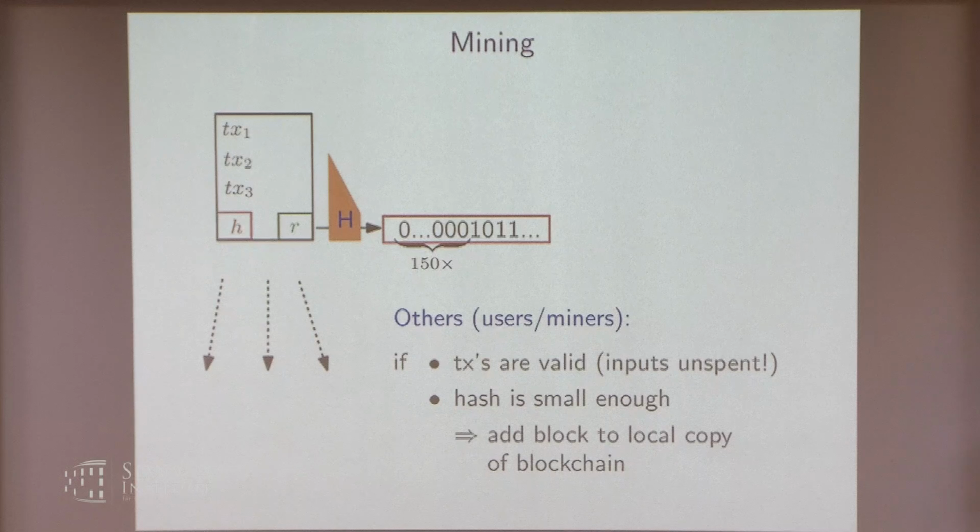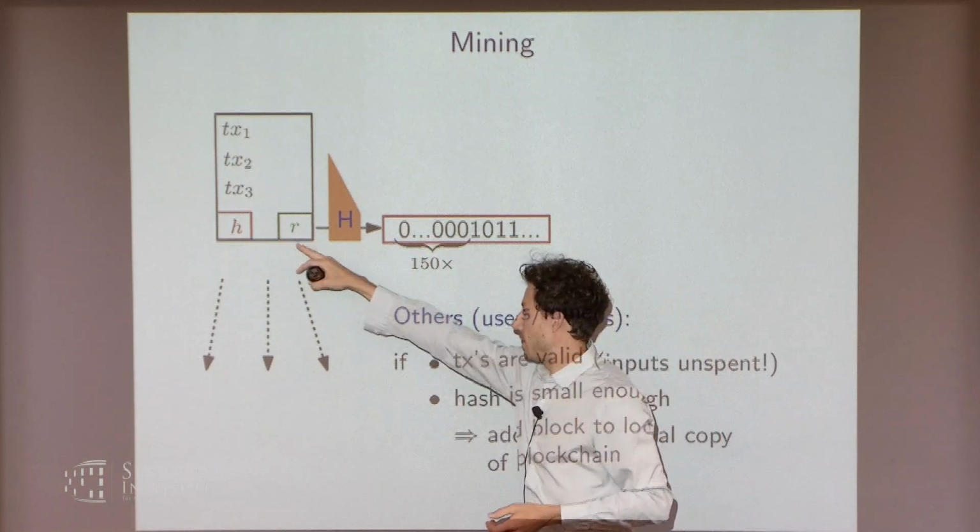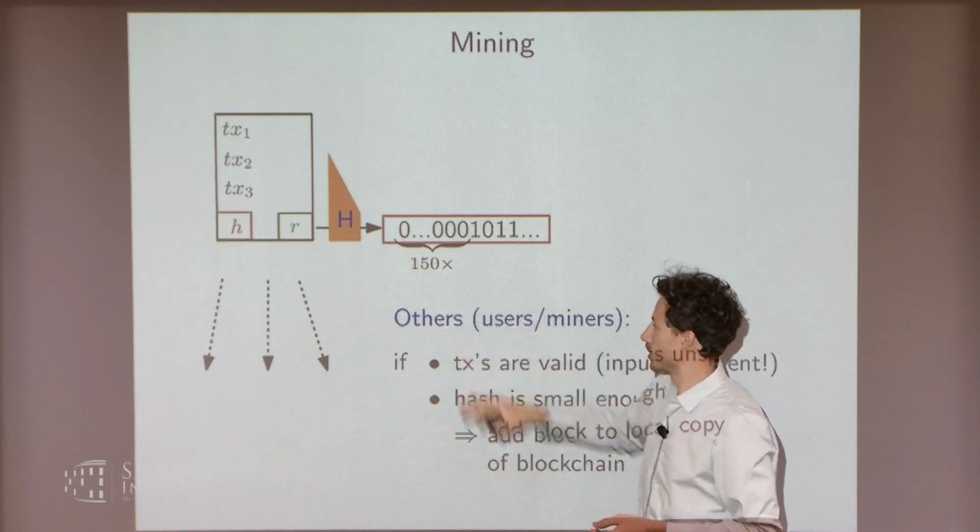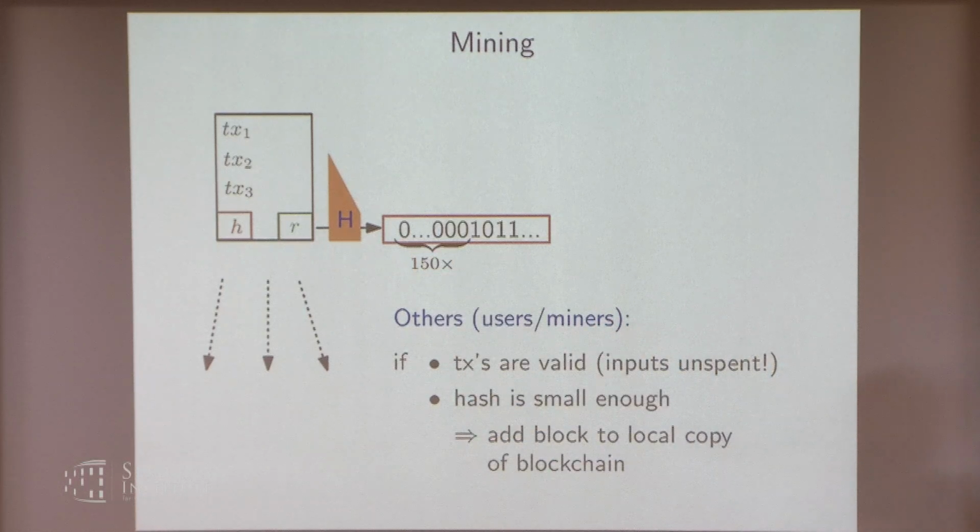So now, of course, finding a value r such that this hash value starts with 150 zeros is a lot harder than this hash catch I showed you. So why would anyone do this? Because you pay them. But who would pay them if we want to create a decentralized system where there's no authority?